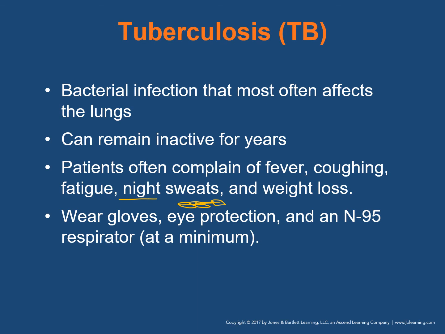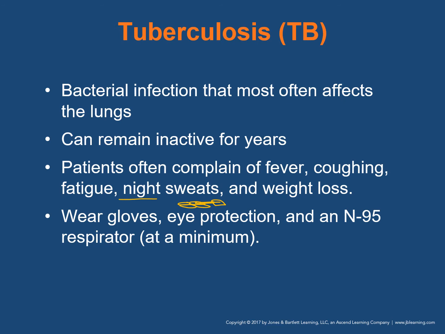Now, it is aerosolized from coughing, so as soon as you hear someone coughing, we put a procedure mask on them, and we also have N95 masks on ourselves so that we are protected. We don't want to get infection from aerosolized stuff, viruses, bacteria, or anything.